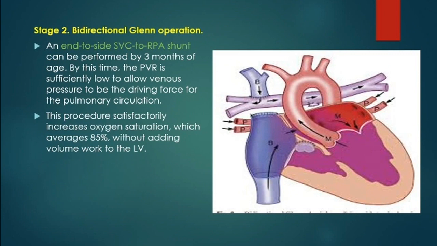So the blood flows from the upper systemic veins of the upper half of the body into the pulmonary artery. This procedure usually keeps oxygen saturation around 85% and relieves the volume overload on the left ventricle.